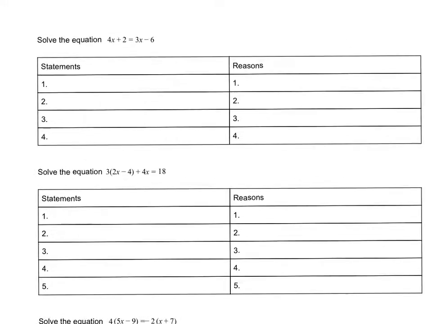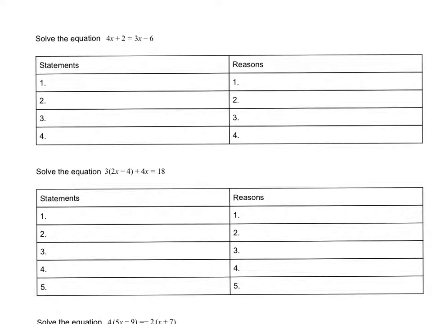So if I want to solve the equation 4x plus 2 equals 3x minus 6, you would typically just go ahead and solve the equation, but let's take a look at the reasons for each of the steps. So we want to start with what we're given. And what we're given is our equation, 4x plus 2 equals 3x minus 6. Even though it's not said, this is what you're given, that's what we're starting with. Its reason would be given.